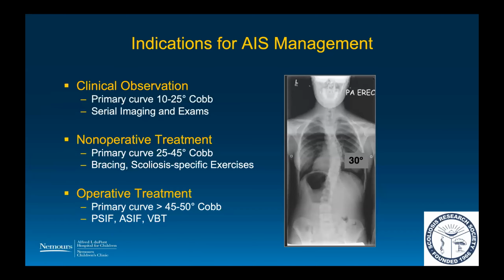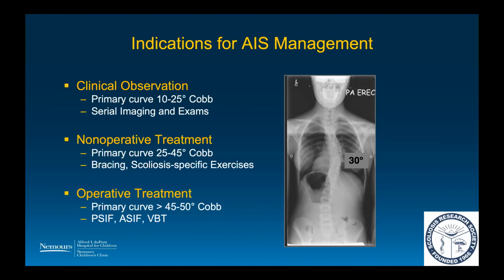So the current SRS guidelines for AIS management are the following. Clinical observation is indicated for small curves and patients who have skeletal immaturity. You can follow them with serial x-rays and exams and they're out of the woods. With a curve of less than 30 degrees at skeletal maturity, they have virtually no risk of having a problem as an adult. Moderate curves we can treat with bracing.